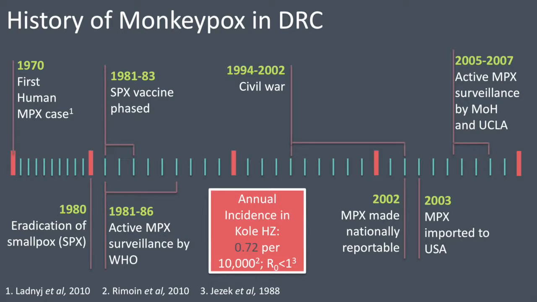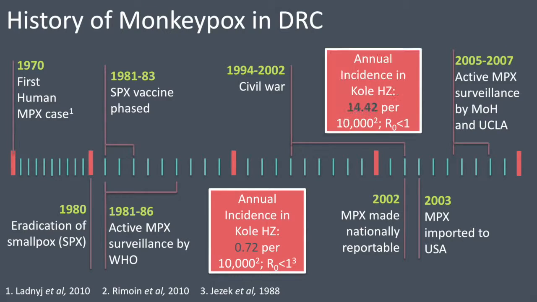And so that led to another active surveillance study implemented by the group I worked with from UCLA. They worked with the Ministry of Health and did another surveillance study in the same region as the one in the 80s to look at the differences. And what they found was a 20-fold increase in annual incidence 30 years after the eradication of smallpox.